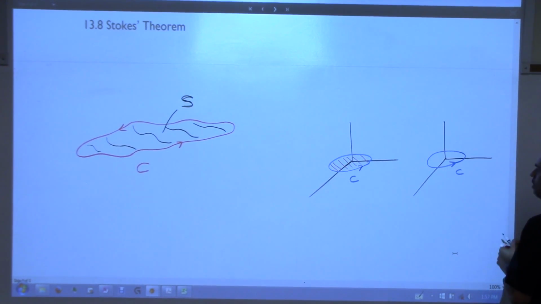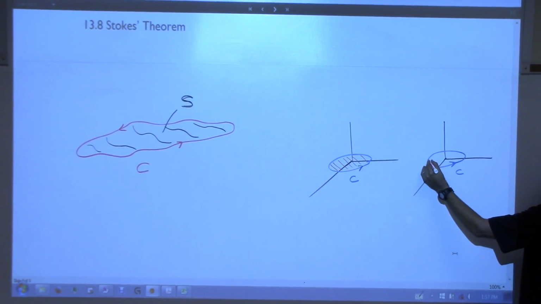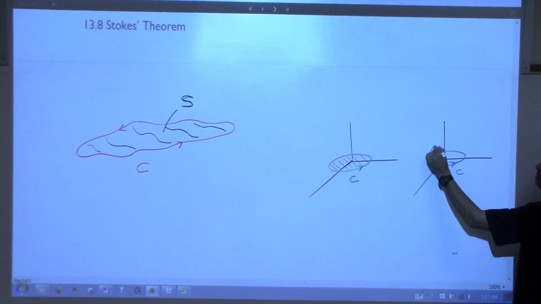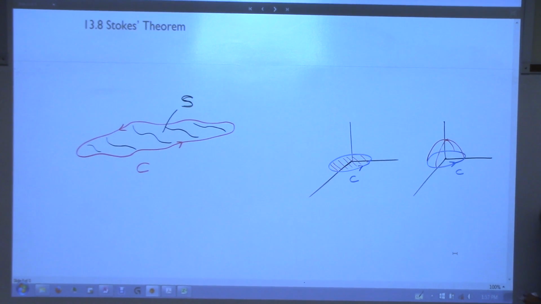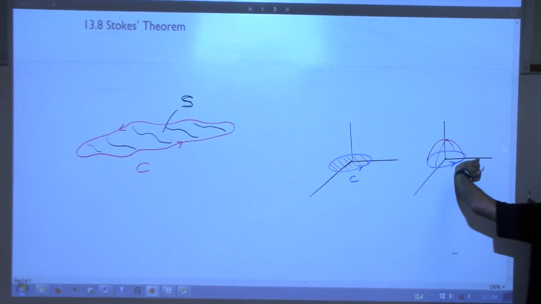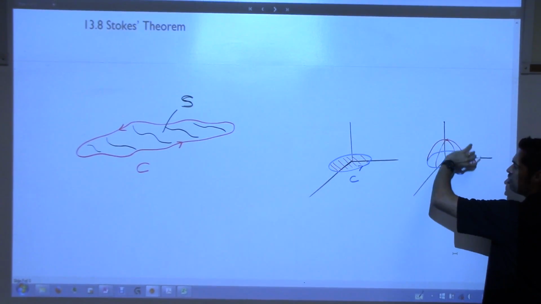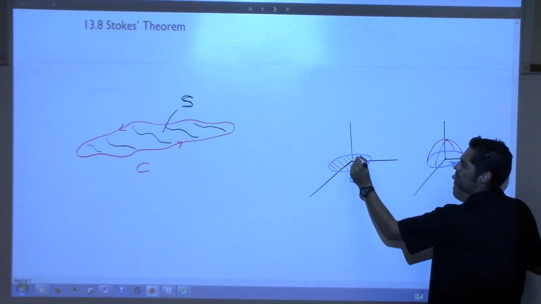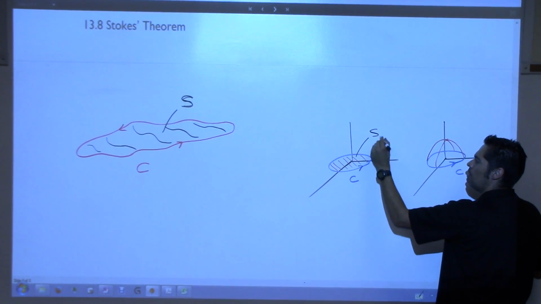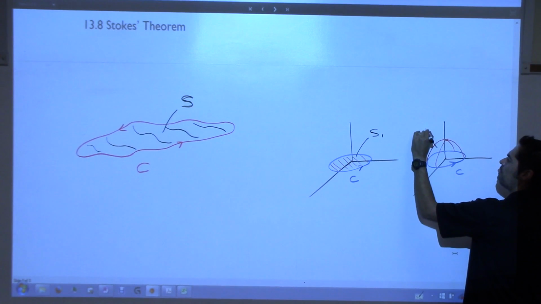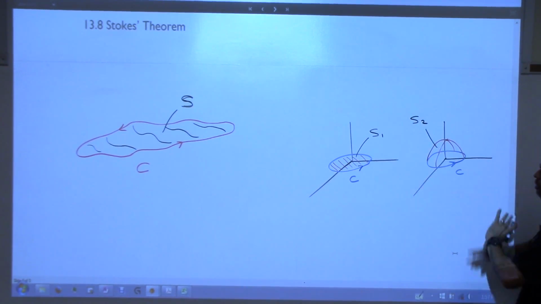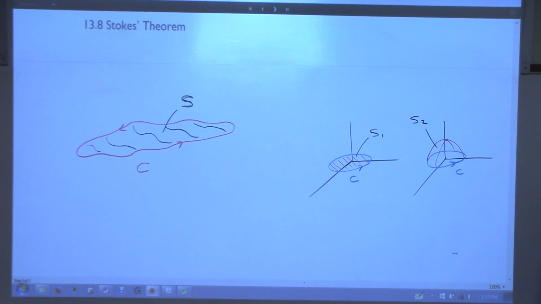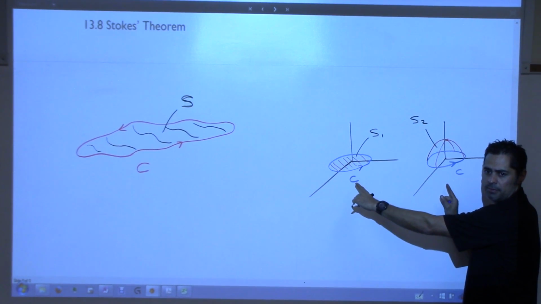But this time look at the upper hemisphere of a ball. Okay, so like you've got this ball up here, right? Do you see that? And if I look at that ball right there, that shell, then C is still the boundary, isn't it? So this surface in between here, I'll call it S1, and this surface here, S2, are totally different surfaces, right? But they have the same boundary curve.